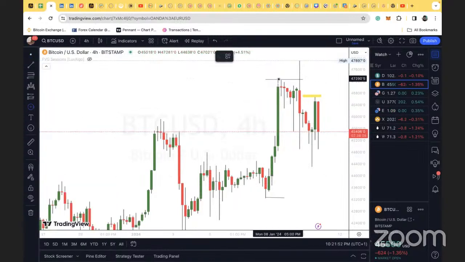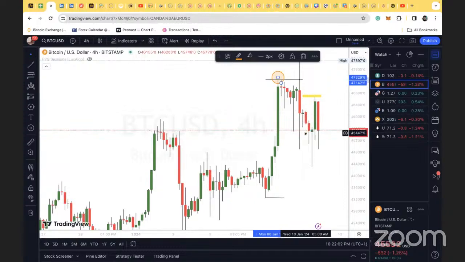I noticed this liquidity sweep here by this candle, and the price came all the way downward after the liquidity sweep. After a liquidity sweep, the next thing I will find is the order block. I see there's a nice push here. I will notice this order block is here, but it's a very tiny order block, so I won't pay attention to it. It's a low probability order block.